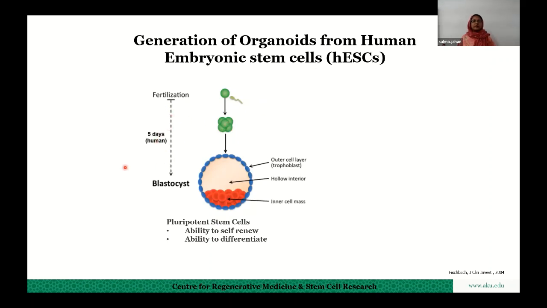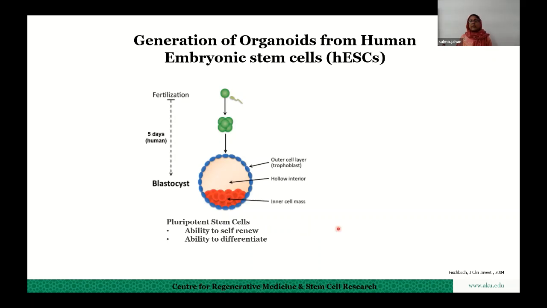This is the 5-day stage in the human, and the stage comes to the blastocyst, and this is the whole blastocyst where the inner cell mass consists of almost 150 to 200 cells, which usually comprise these pluripotent stem cells, and they are barely visible when you look under the microscope.